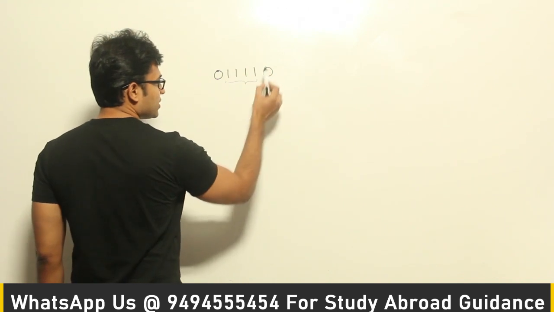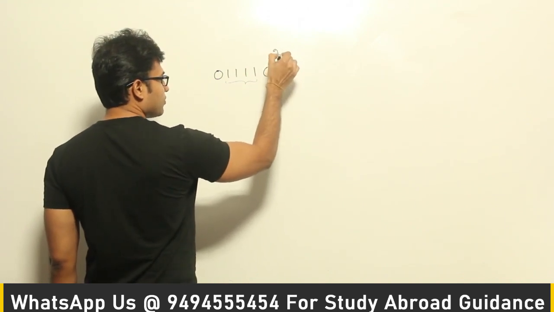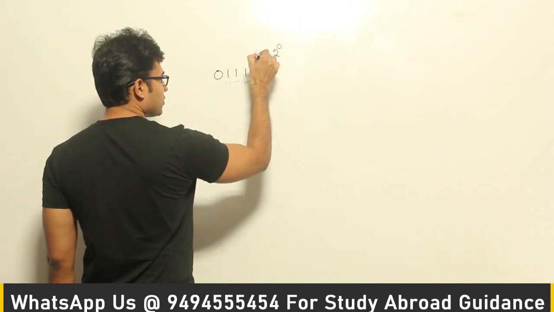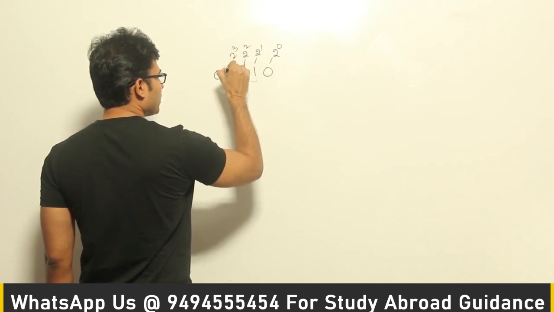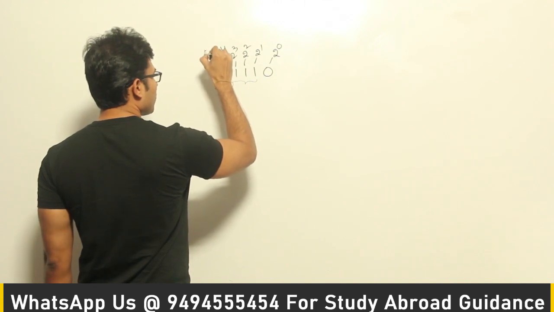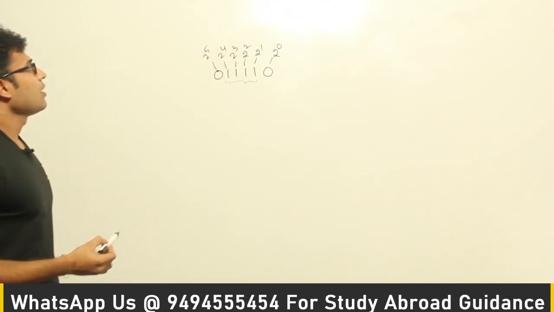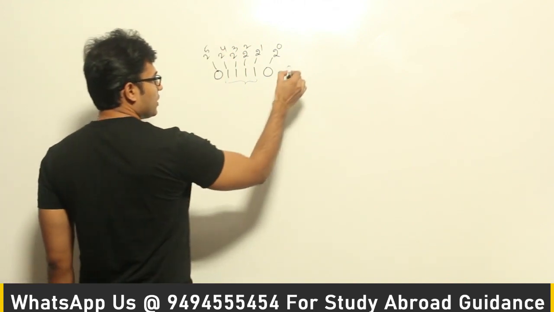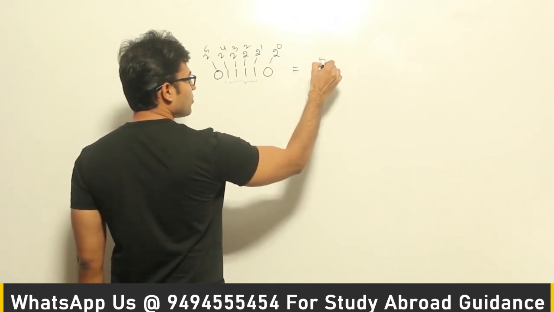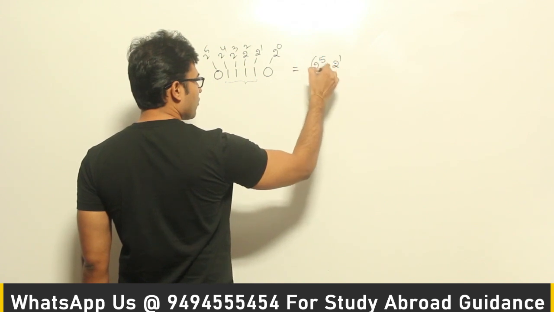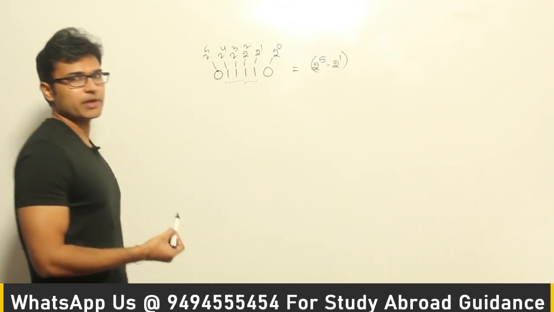Now if you assume that this is a binary number, the weight of this one is 2 power 0, 2 power 1, 2 power 2, 2 power 3, 2 power 4, 2 power 5, right? And now the decimal value of this number will be equal to 2 power 5 minus 2 power 1. So this is the observation you have to make.